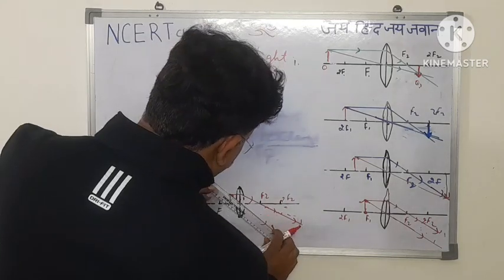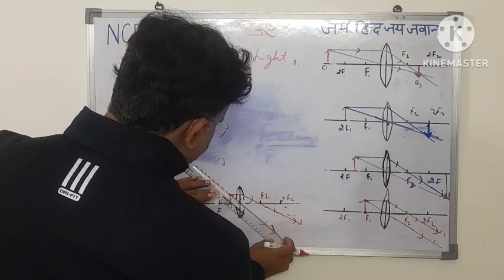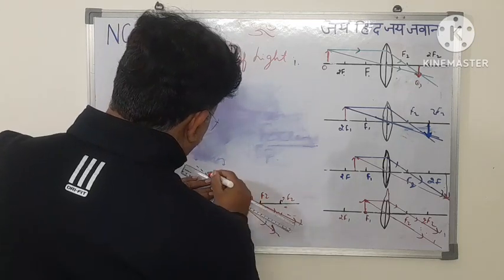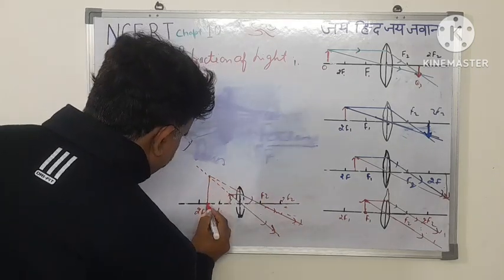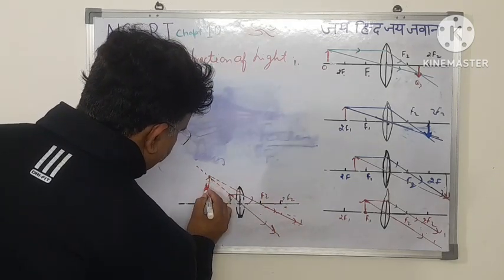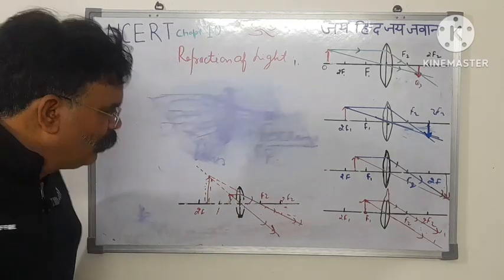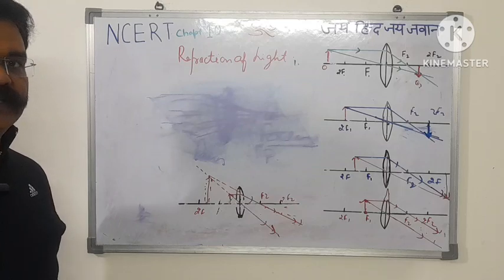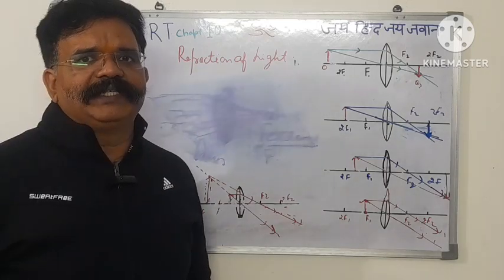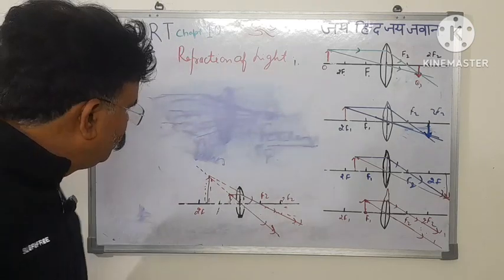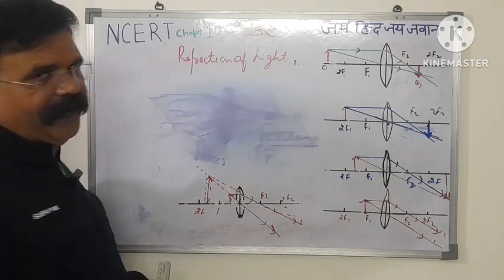But if I draw lines behind this, what will happen? They seem to meet here. These dotted rays seem to meet here, meaning practically they will not meet. That means a real image will not be made, but a virtual, imaginary image will be made.